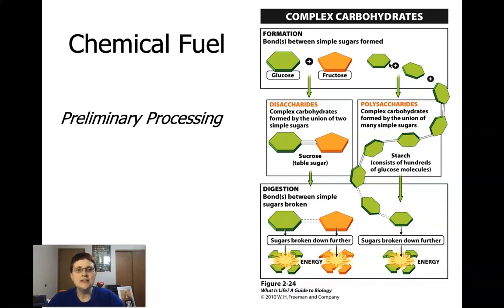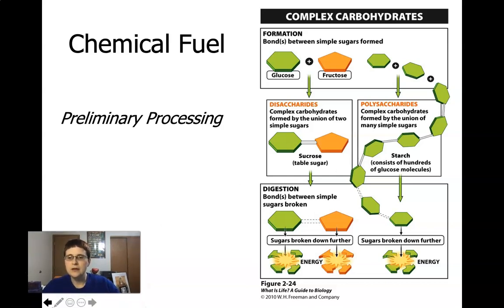But polysaccharides have all of these glucose molecules linked together. And so when you're sleeping at night, your body is going to be breaking these apart. So it's going to chop each of these little glucoses off the starch, because the starch are in big long strings, and it's going to rearrange them into glycogen.